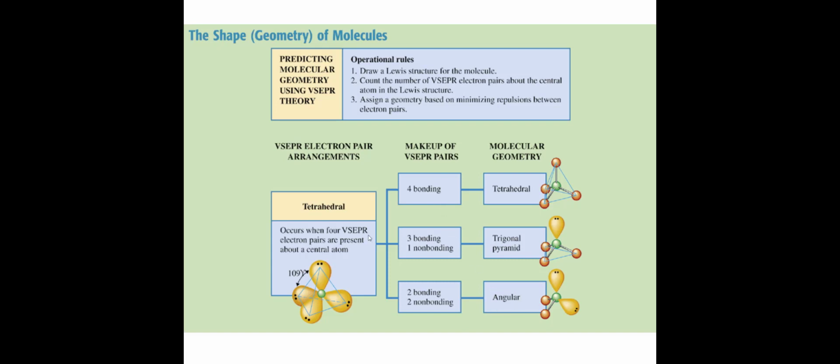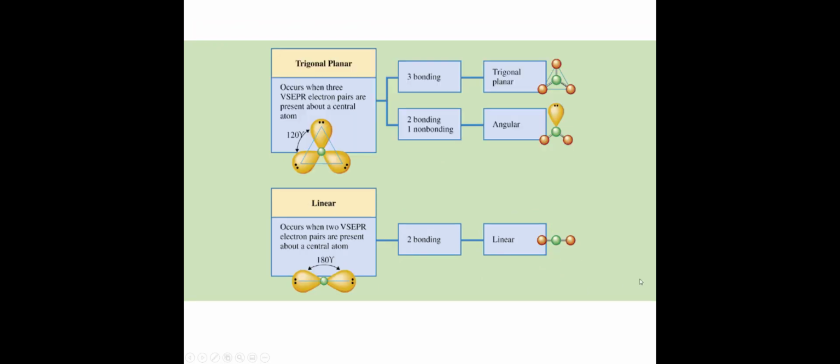So whenever we have a total of 4 electron pair groups, which could be 4 bonding, 3 bonding plus 1 non-bonding, or 2 bonding plus 2 non-bonding, these are all going to have a tetrahedral type geometry with 109 degree angles, and these being the specific names. When we had 3 electron pair groups, meaning either 3 bonding or 2 bonding and 1 non-bonding, adding up to 3 there, the bond angles are about 120 degrees.